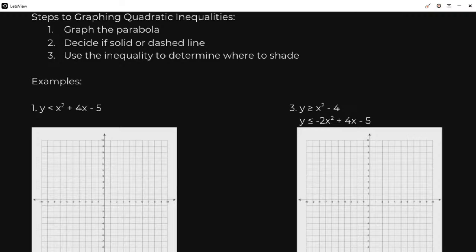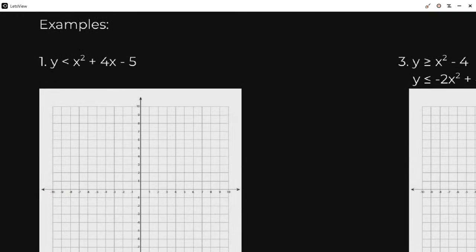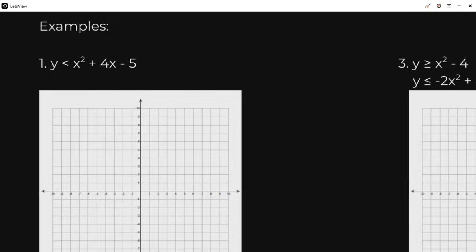Okay, so for our first graph, we have y is less than x squared plus 4x minus 5. So this is in standard form, which means we know the y-intercept right away, which is at 0, negative 5. It's always going to be the c value. So it's right here.